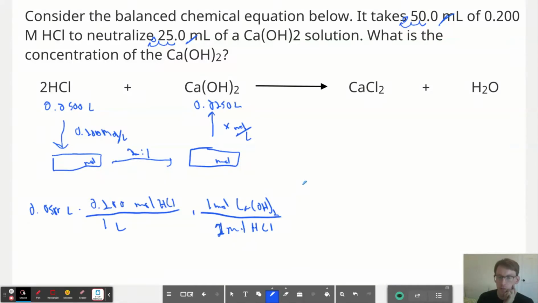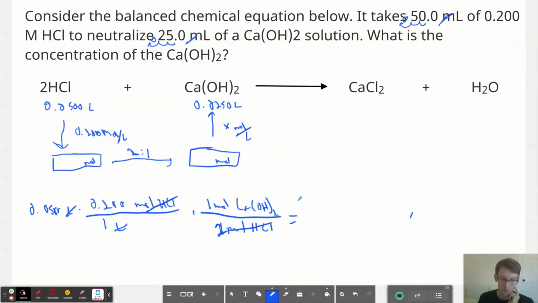And so I get to this point, and now it's kind of weird because theoretically I could say times X moles, times 1 liter over X moles equals that 0.0250 liters. And I could solve for X that way, but X is in the denominator. It's actually really messy. So I'm actually going to stop here. I'm going to leave it at this, and you'll see why. It just makes it a little bit easier to solve.